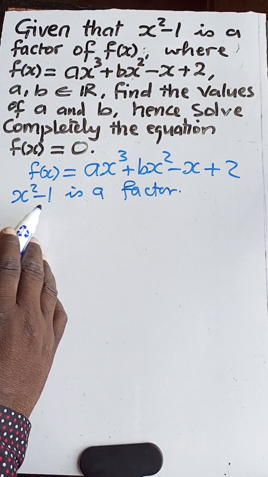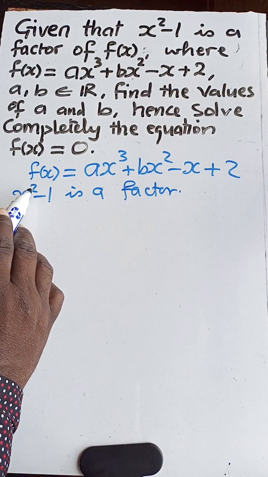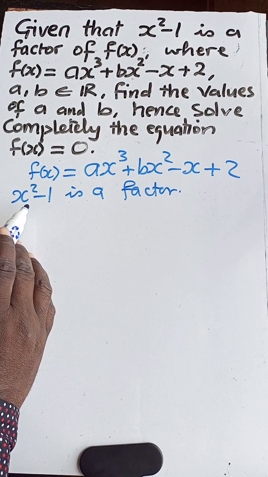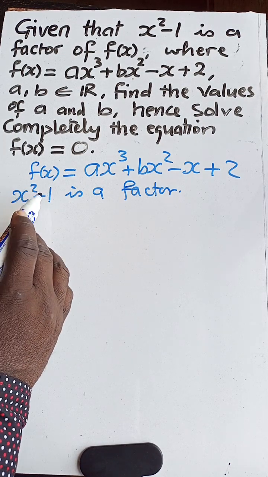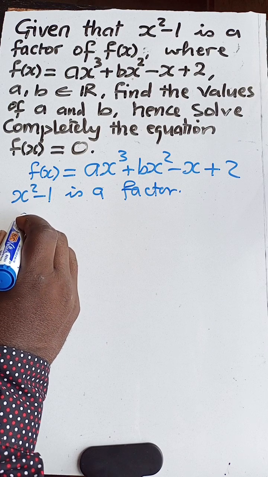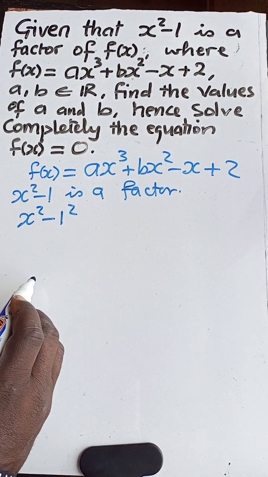Okay, now let's look at x squared minus 1 carefully. It is a quadratic because the degree is 2. So we expect two factors here already. And if we look at this, we can write this as the difference of squares. x squared minus 1 can be written as x squared minus 1 squared.